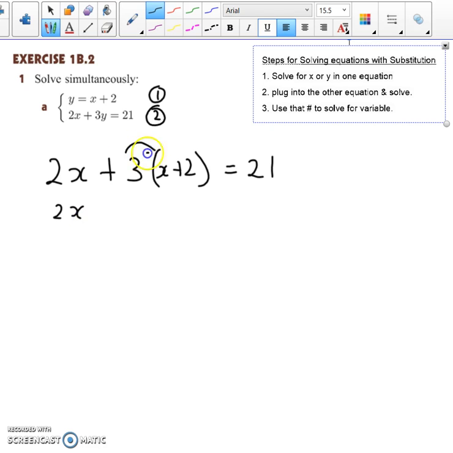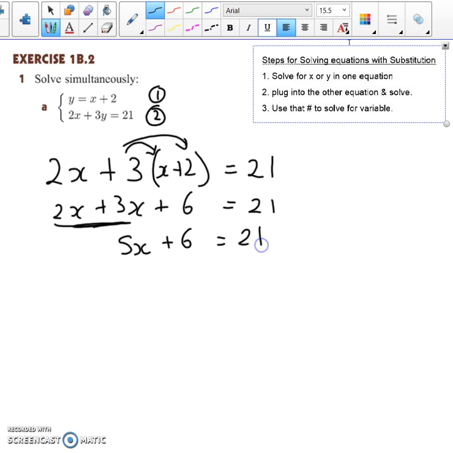We expand the bracket: 3 times x, positive 3 times positive x is positive 3x, and 3 times 2, both being positive, gives us 6. And we have 21. Now you collect your like terms, so that becomes 5x, because 3x and 2x are 5x, plus 6, equals 21.